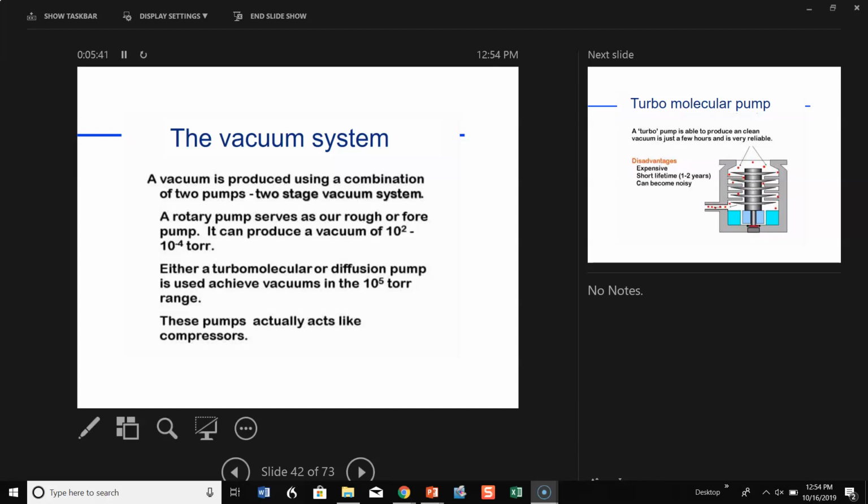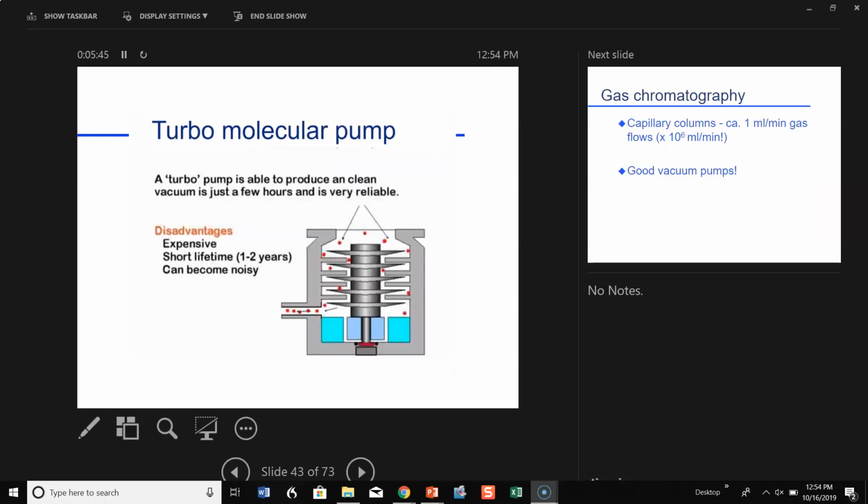That's one heck of a good vacuum. And so we basically work with what's called a turbomolecular pump. Basically, that turbine inside here spins around 20,000 revolutions per minute. It's trucking. It pulls vapors down and tosses them out.